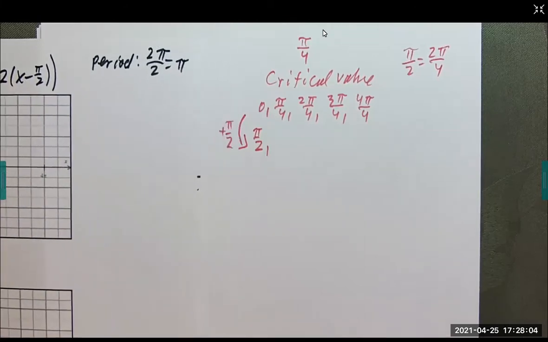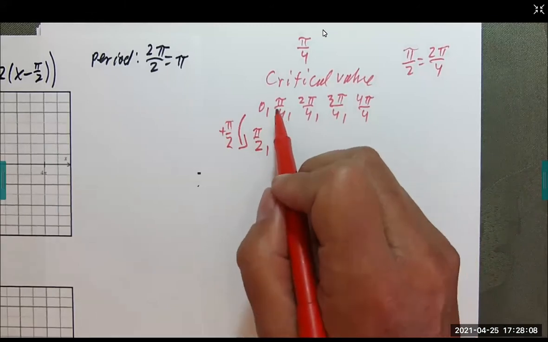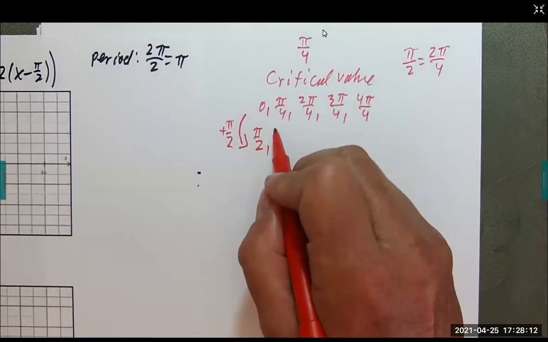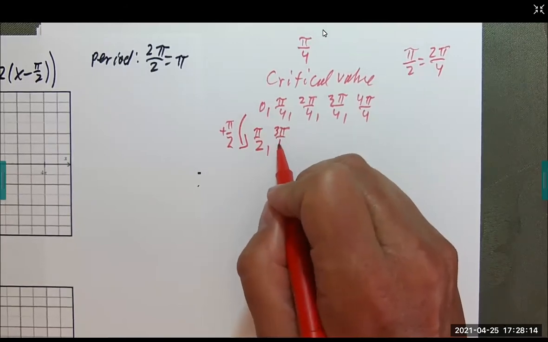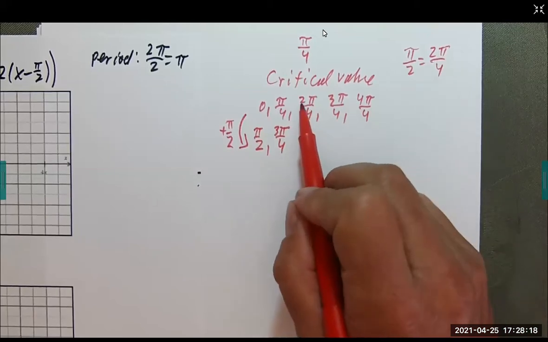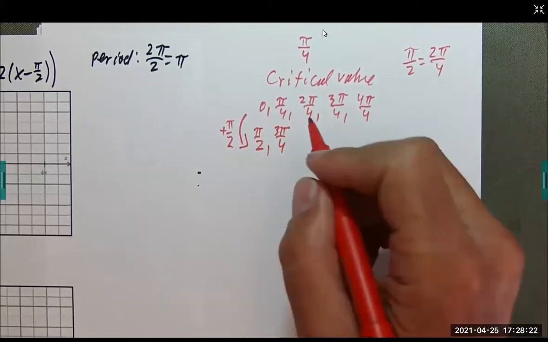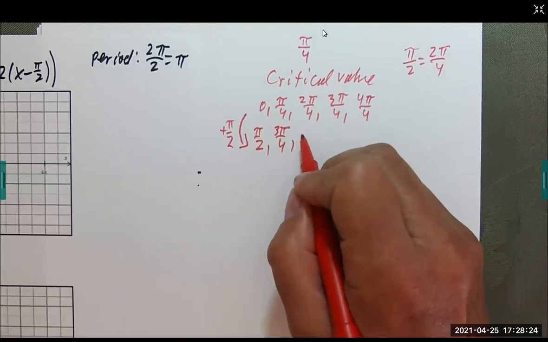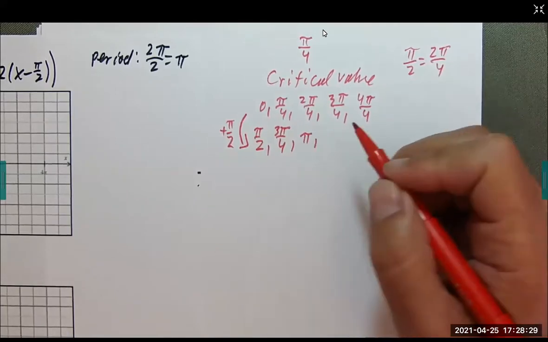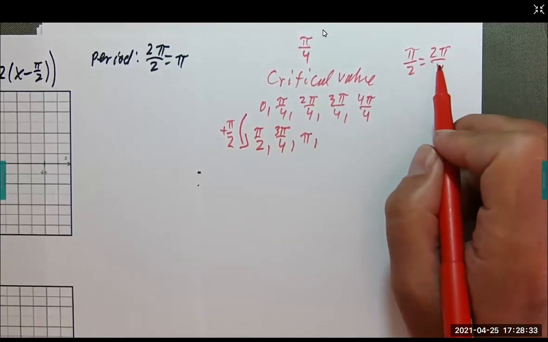The first one. Next up, pi over 2 plus pi over 4. Actually, I'm going to use the 2 pi over 4 plus pi over 4 is going to give me 3 pi over 4. Next up, 2 pi over 4 plus 2 pi over 4 is going to give me 4 pi over 4, which reduces to pi. Three pi over 4 plus 2 pi over 4, that's going to give me 5 pi over 4.